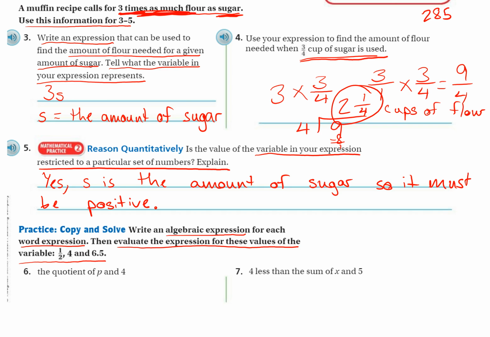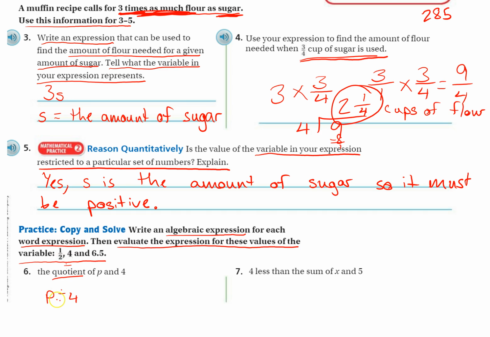The second thing is then we need to find the value of the expression if the variable is 1/2, if the variable is 4, and if the variable is 6.5. So the quotient of P and 4, that would be P. Quotient means divide, so P divided by 4. So there's our expression.